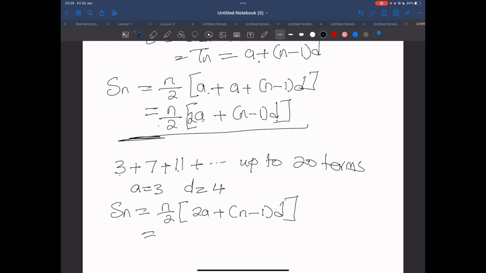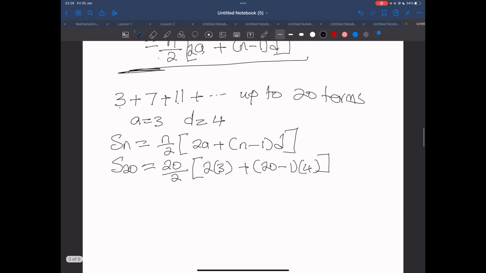So we want sum 20. We are going to add 20 terms, so where we see n, we put 20. So we will have 20 over 2 into 2a, and the a is 3, plus n, which we said is 20, minus 1 times d, which is 4.